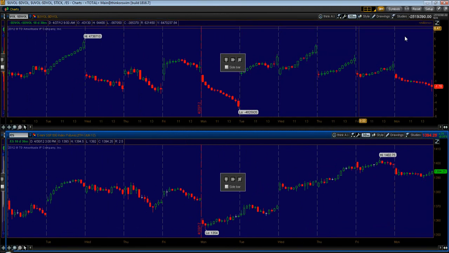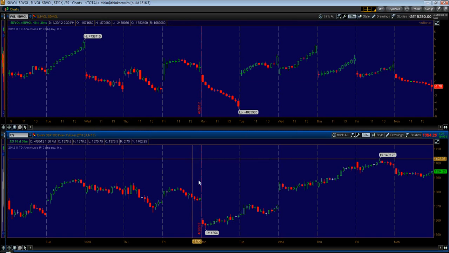Okay, that's what I'm looking to do. So we have the 30-minute chart of the breadth and the 30-minute chart of the ES just kind of overlapping each other. And we just want to get a sense of where the breadth is making highs, where the breadth is making lows, and then where does the ES, the S&P, relate?